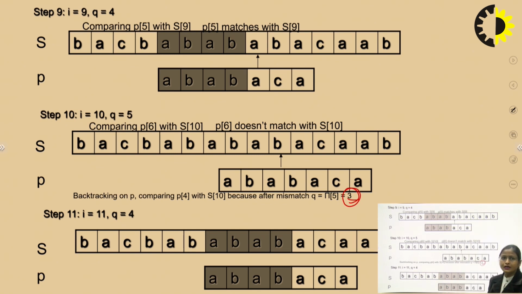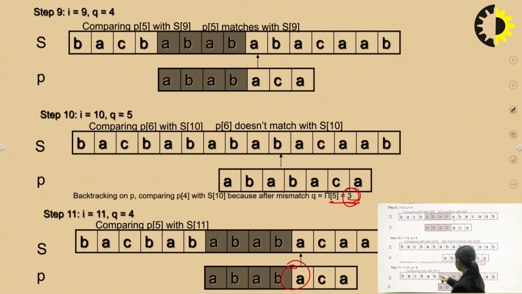So we don't need to backtrack to p1; we backtrack only to 3. That means we backtrack to this position. That is the basic advantage of our KMP matcher. So we compare p5 with s11, and in this case a match occurs.